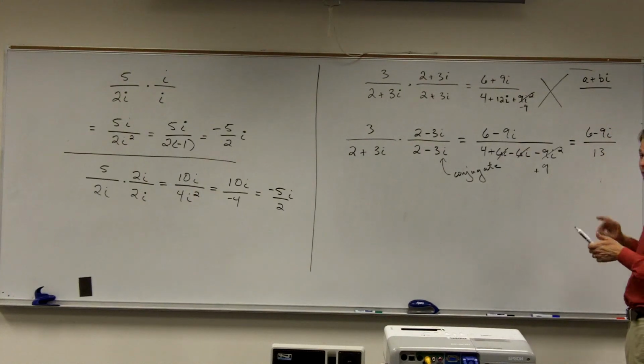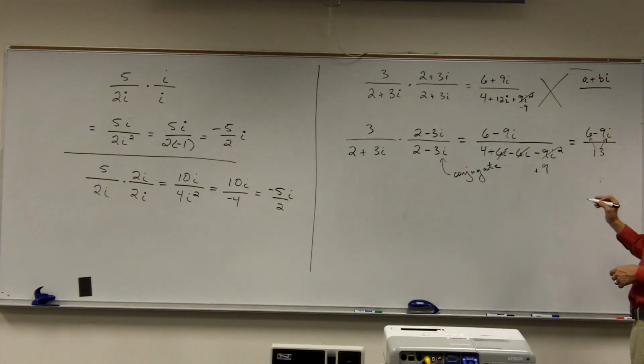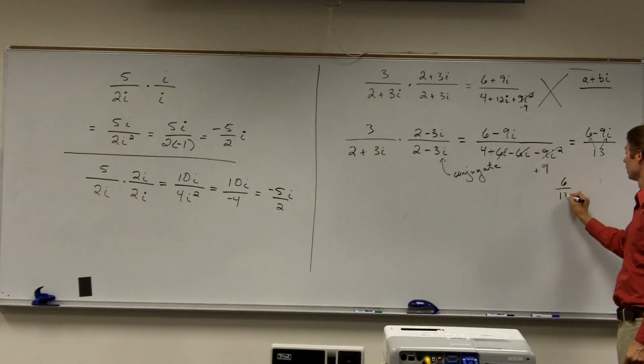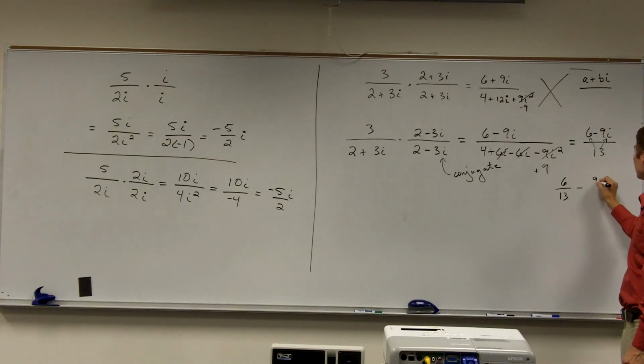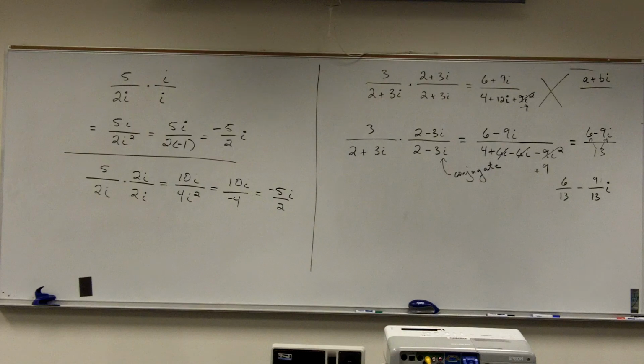So really the technical way we should write this is I'll divide the 13 into the 6 and into the 9i because we have to, because they're separated by subtraction. So this will really just be 6 over 13 minus 9 over 13 times i. And now it's in the complex number form where the real part is here and the imaginary part is here.